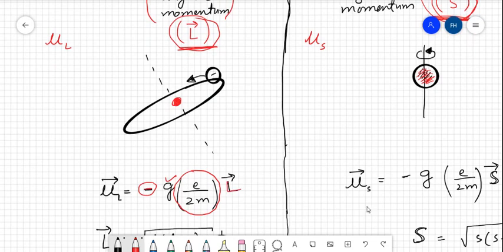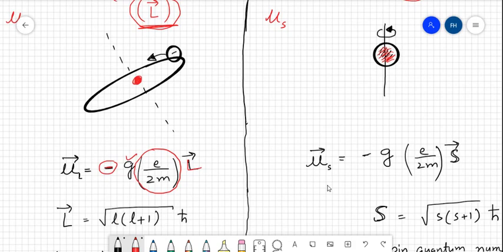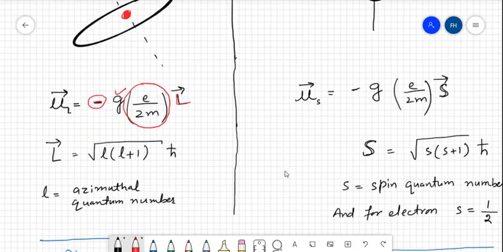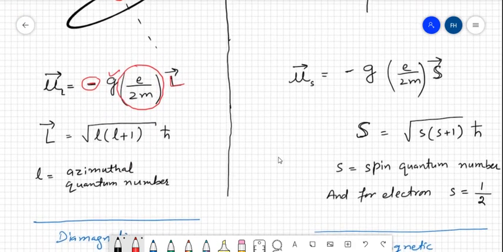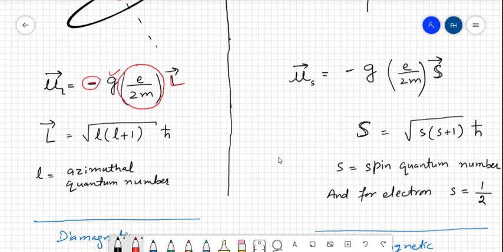And if we have the spin angular momentum, then mu S will be equal to minus g e by 2m S. Then you can use quantum mechanics to find the exact value of these dipole moments. You can use the magnitude of L equals under root of l into l plus 1 times h cross, where l is the azimuthal quantum number associated with any orbit, and for spin you can use the spin quantum number small s.